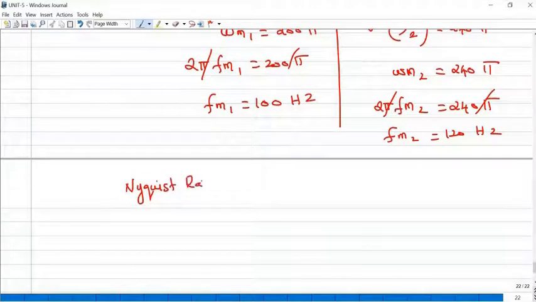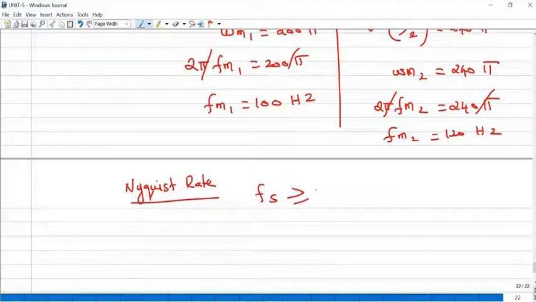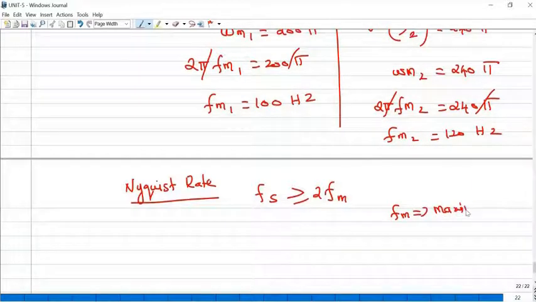Nyquist rate says Fs must be greater than or equal to 2 times the maximum frequency content of the signal. This Fm represents the maximum frequency content in this signal. So 100, 120.